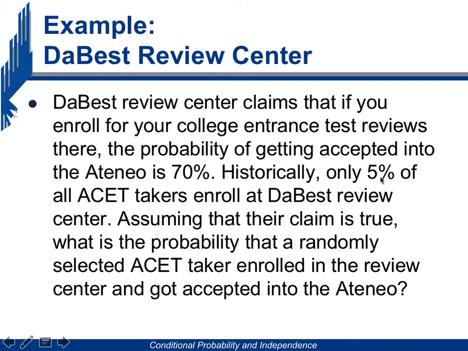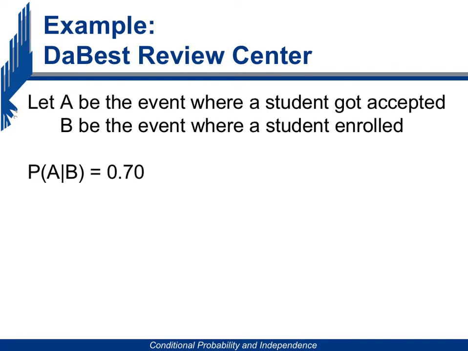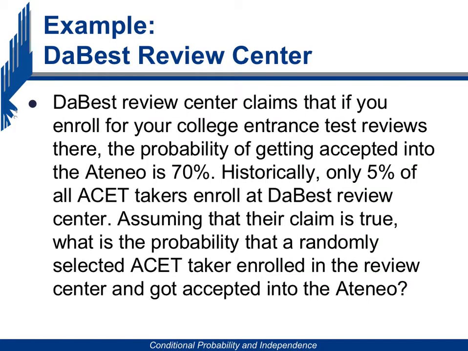Now, another probability was given earlier, and that was 5%. And this refers to the proportion of the ASSET takers who enroll at the Best Review Center. So 5% is also another probability, and that is the probability of B. So P of B is known to be 0.05, and the problem is asking for the probability that a randomly selected ASSET taker enrolled and got accepted at the same time.